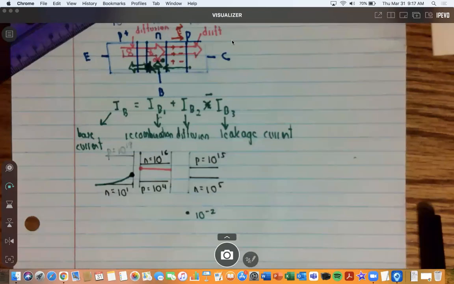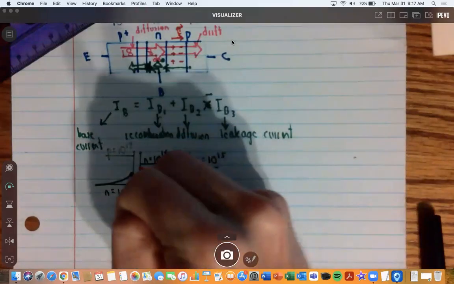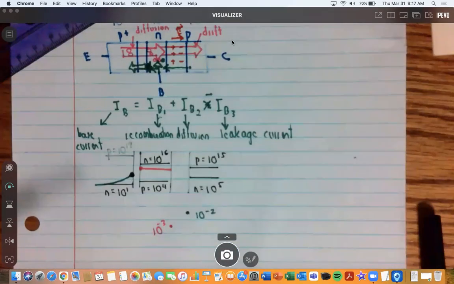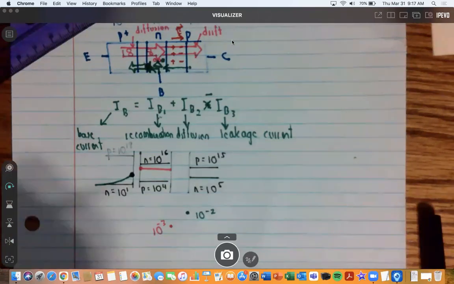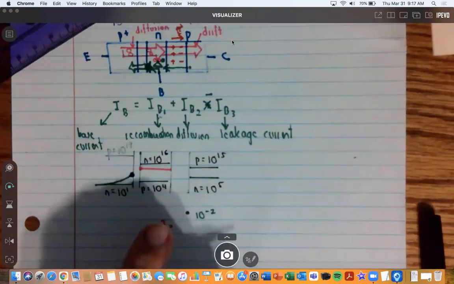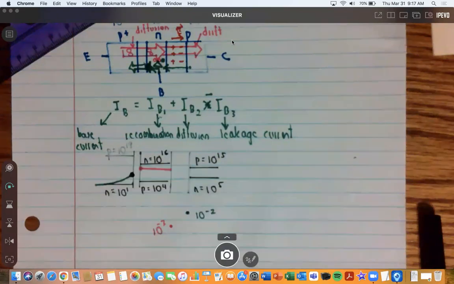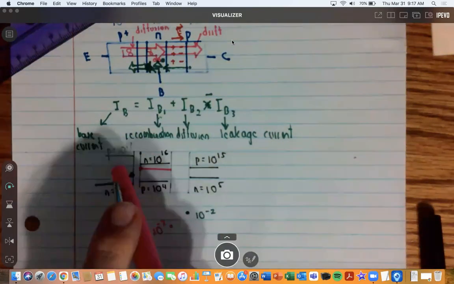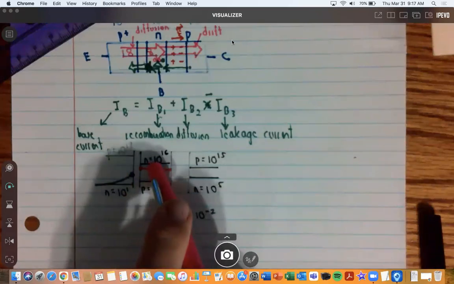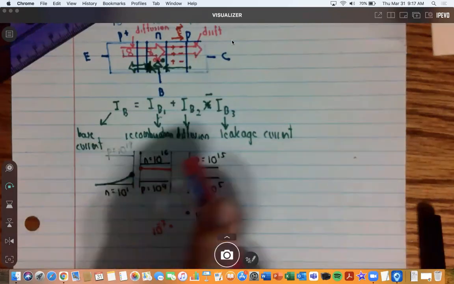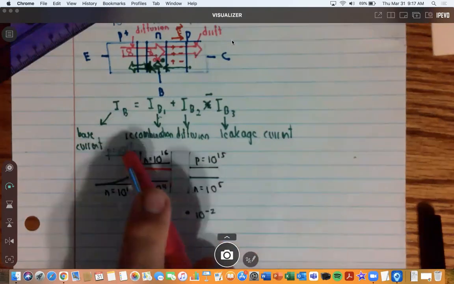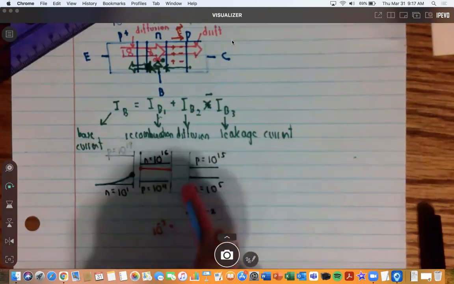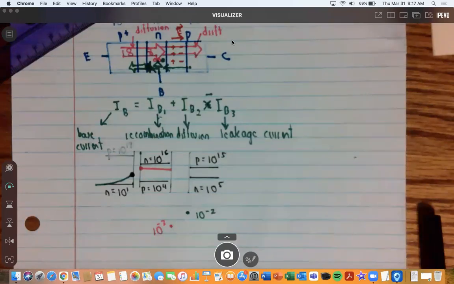So it's going to bring this level down too in the base. We're going to have like 10 to the negative 3 or something. That's what he was trying to show through the charge carrier concentration diagram: how specifically these charges are going to move and how they're going to affect the concentration in each of these equilibrium values we started out with, and how it looks a little different.